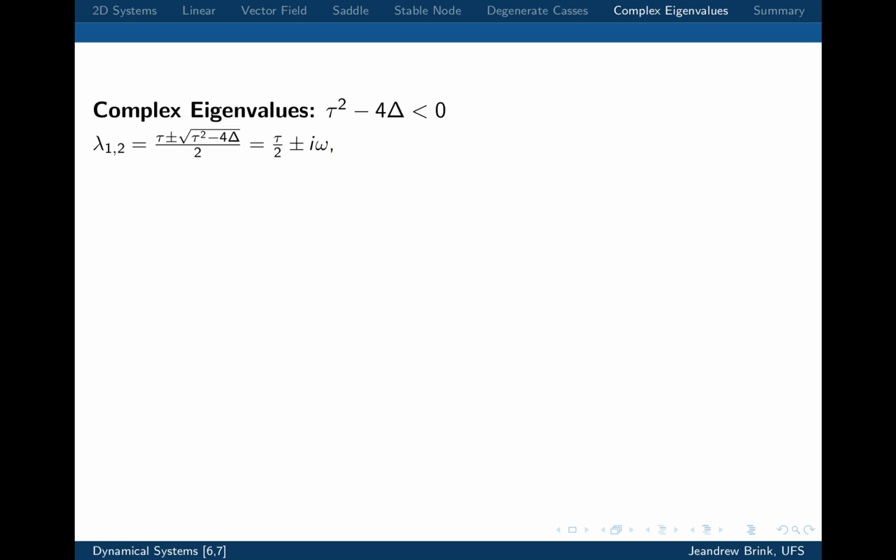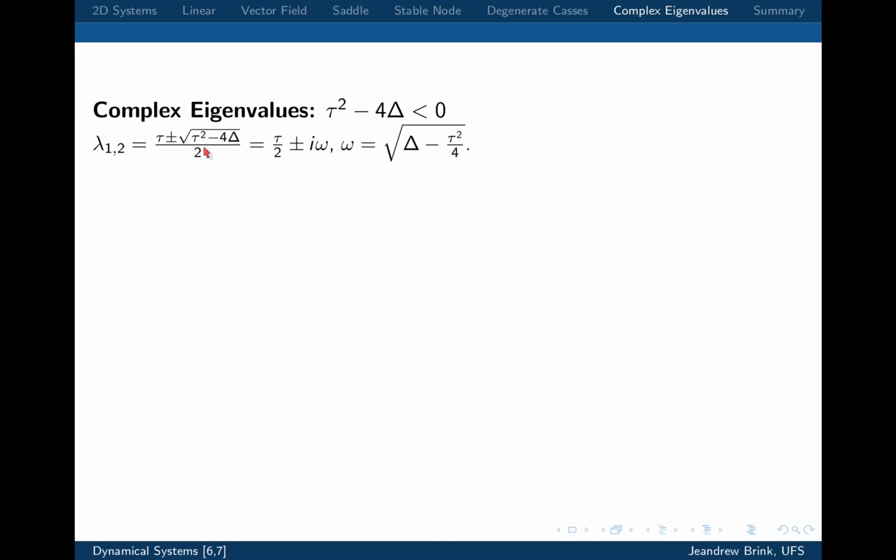So I'm going to go through the derivation in more detail than Strogatz does. He just uses it, but it's useful to see the full derivation slowly, so I'm going to do it for you now. Suppose we have a complex eigenvalue, so lambda 1,2 is equal to the trace term plus or minus i omega, which is given over here, where omega squared is simply equal to the thing in the square root.